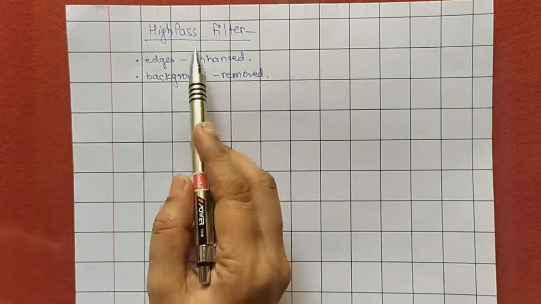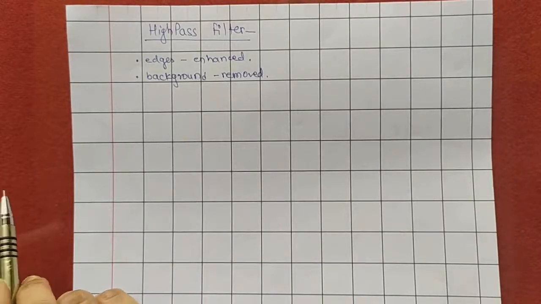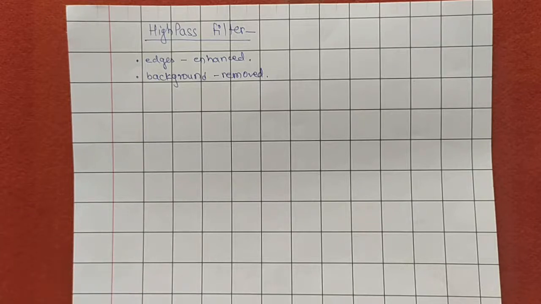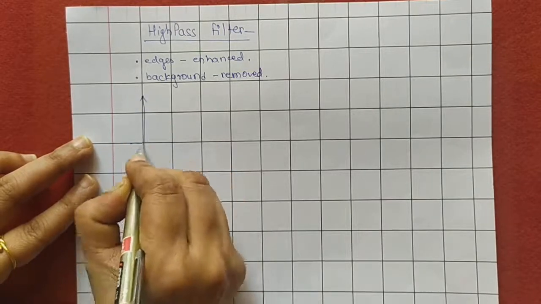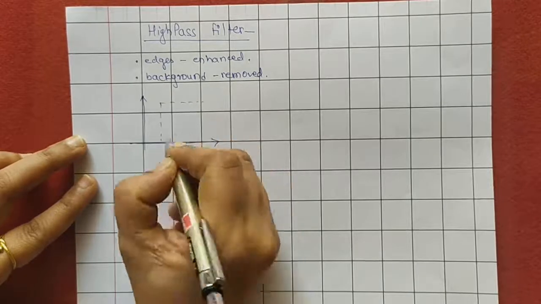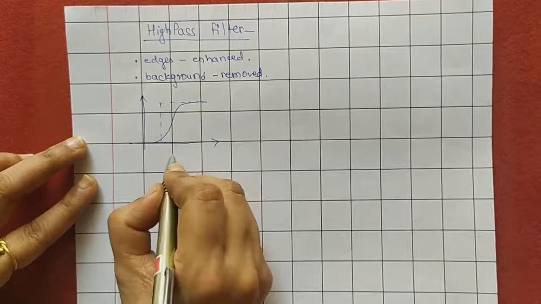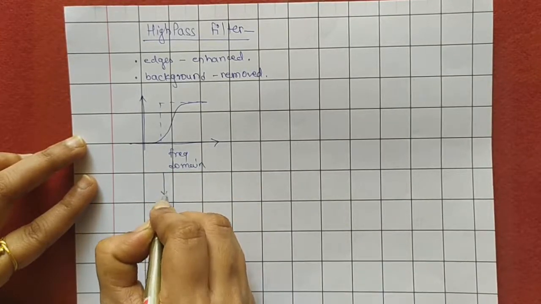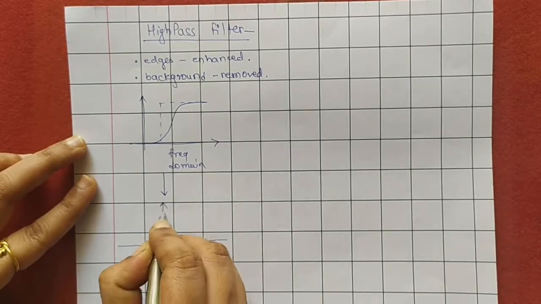Here the high pass filtering is also performed in a similar way to the low pass averaging filter, only the change is in the mask, because there is a change in the representation of the high pass filter. In the frequency domain, the ideal high pass filter is represented like this, while in the spatial domain, this high pass filtering can be represented like this.